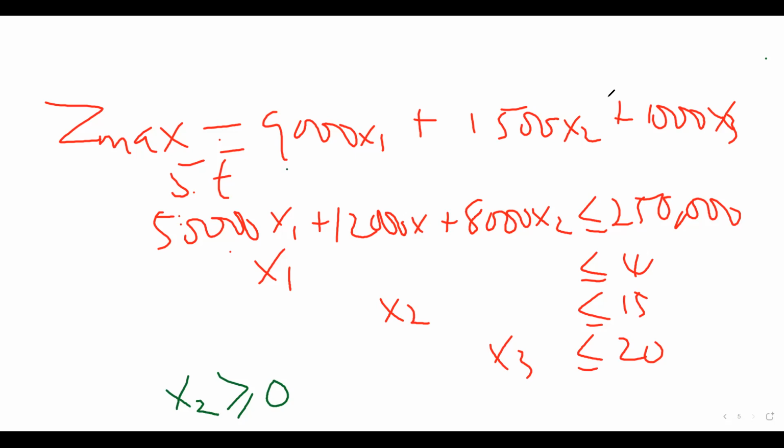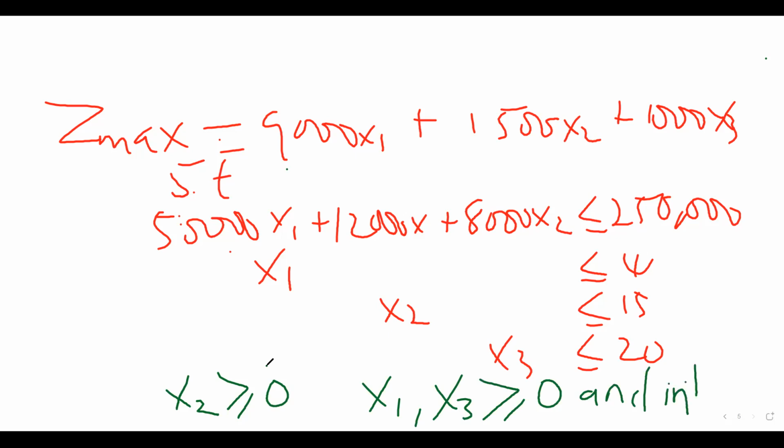So the land is in decimals, but x1, which is the building, and x3, which is the bonds, are not just greater or equal to 0, you have to indicate that they are also integers. So you add integer for those ones.